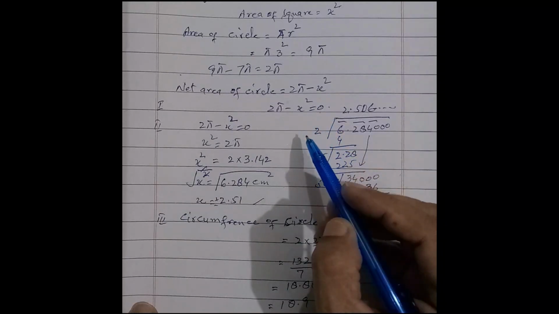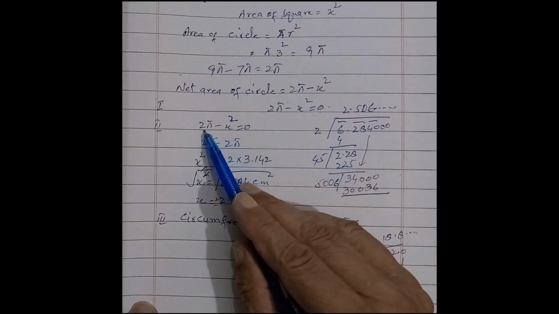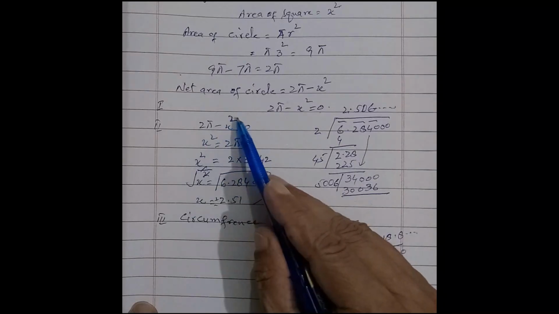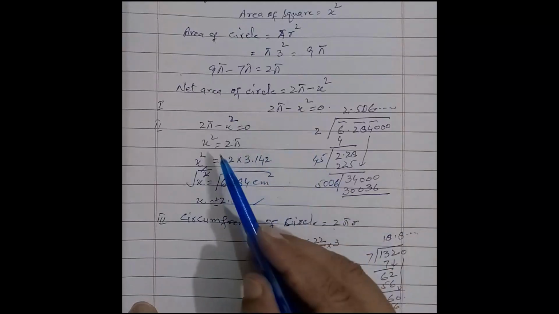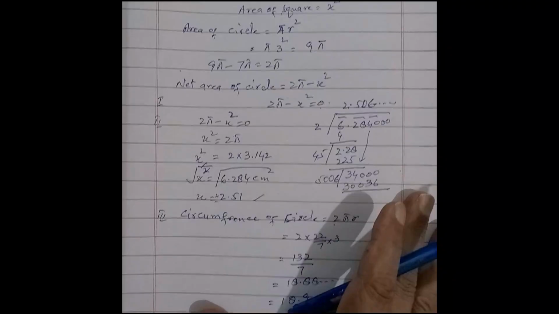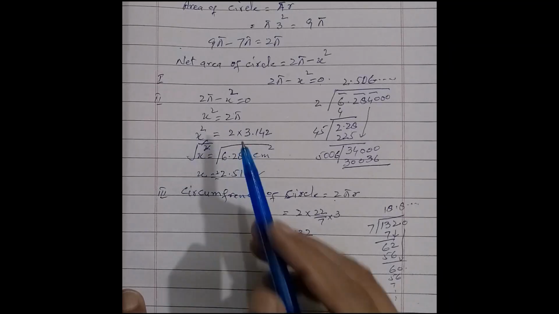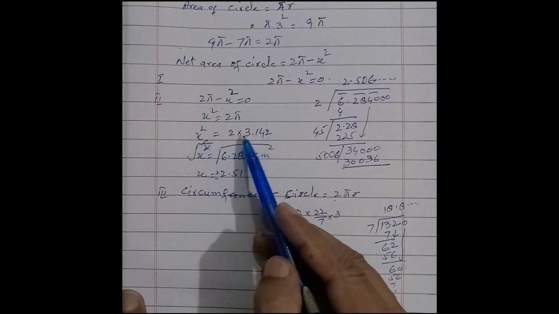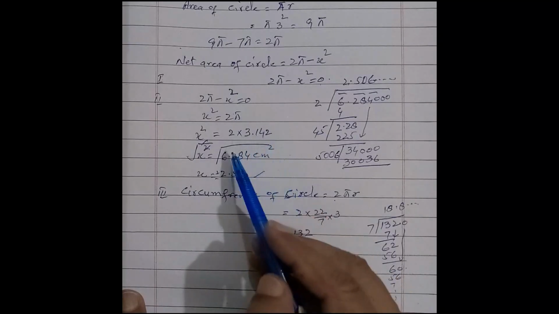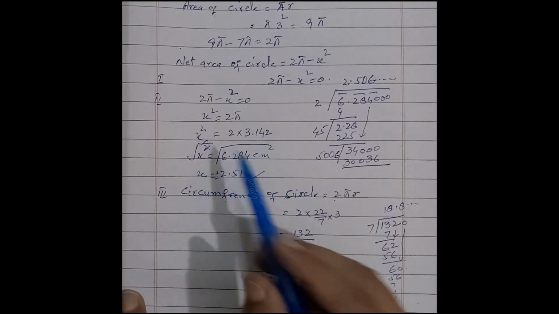In part two, we solve the equation 2 pi minus x square equals 0. Shift x square to the right side, we get x square is equal to 2 pi. The value of pi is 22/7, and we write it as 3.142 and multiply 2 by 3.142. The answer is 6.284 is equal to x square.